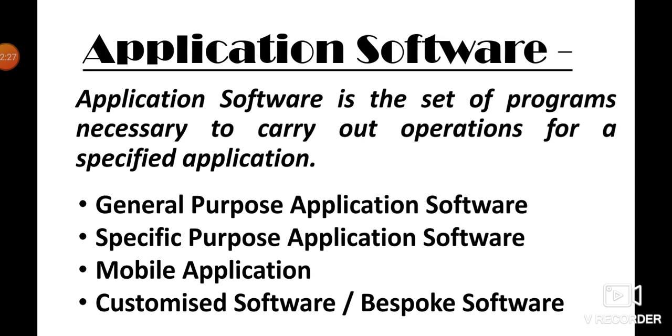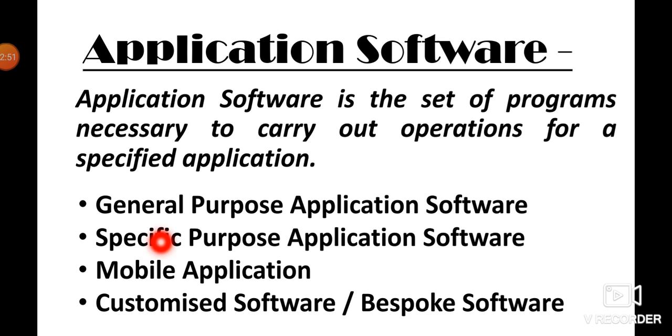Okay, we can categorize application software into four types. First is general purpose application software. This type is also known as package software. If you remember the figure that I explained in the first class, the general purpose application software are also known as package software.